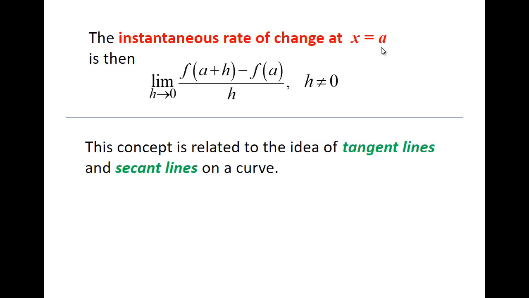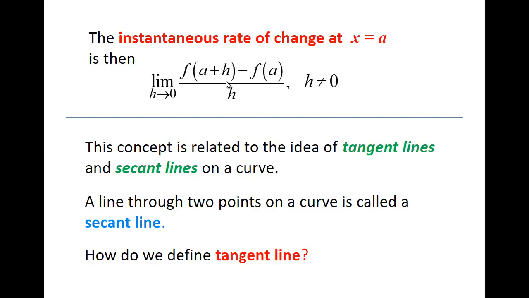So this concept of instantaneous rate of change, or this limit here, is also related to another problem, which is the slope of a tangent line to the graph of a function at a given point. If I have the graph of a function f, a line through 2 points on the graph is called a secant line.